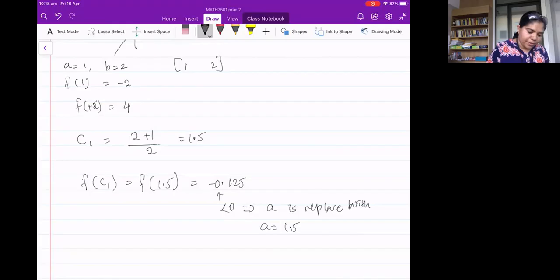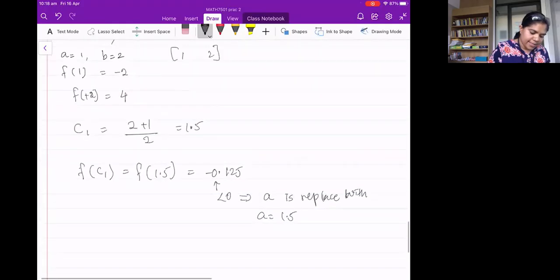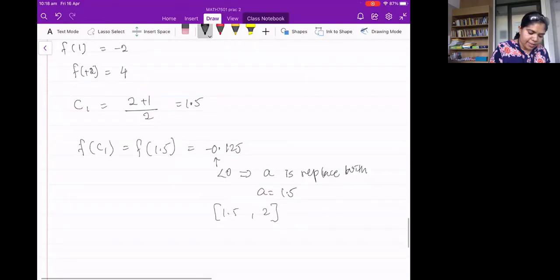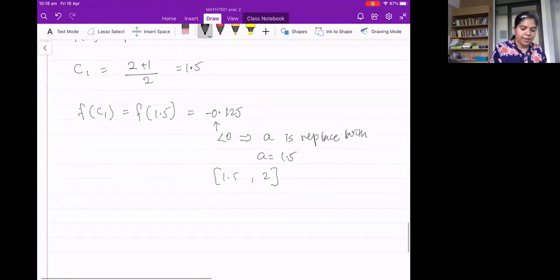And then you would compute the next interval again. So now you have 1.5 to 2, and then you would divide the interval and compute it like this. So that's the idea behind the bisection method. Any questions regarding that?